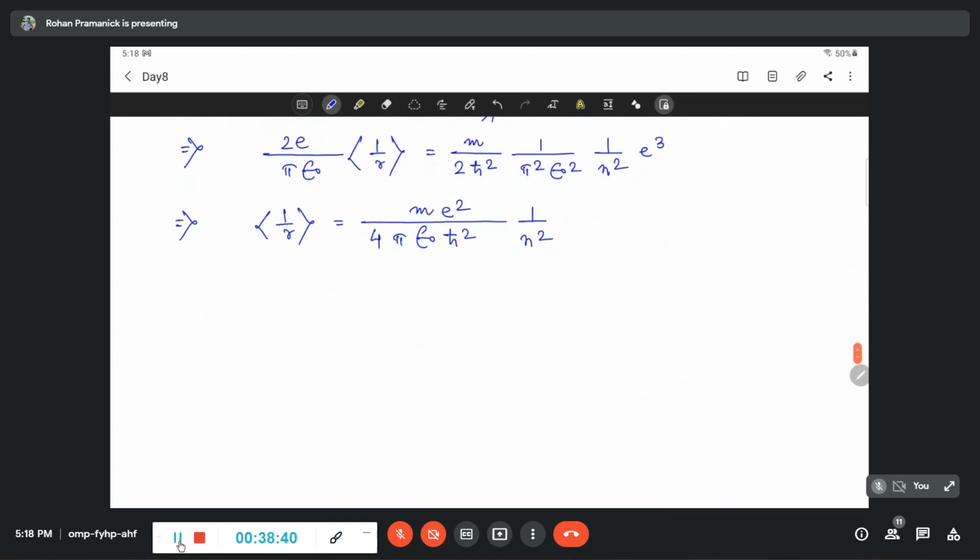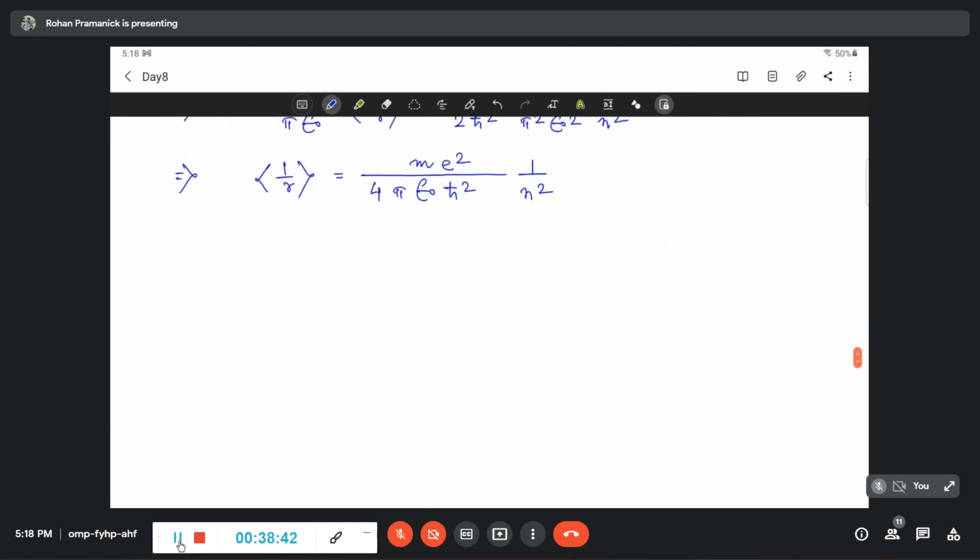If you look carefully, this is nothing but the Bohr radius, so 1 by r gives you 1 by n squared a, where a was our Bohr radius, given as 4 pi epsilon 0 h cut squared by m e squared. Please look and see whether I have done it correctly. Yes, I have written it over here. So this is the r we will use in our expression.